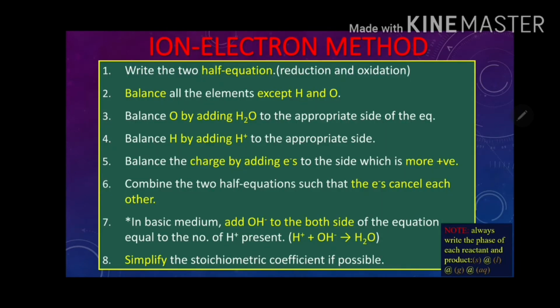Next, let's move on to the second method, which is Ion-Electron Method. Ion-Electron Method is used to balance equations that involve reduction and oxidation reaction in chemical reaction. There are 8 steps. Number 1, write the 2 half equations because the reaction involves reduction and oxidation.